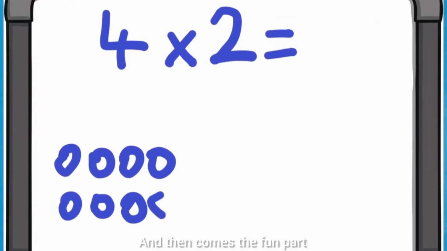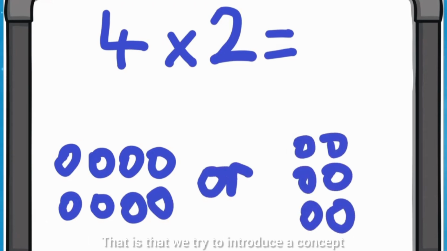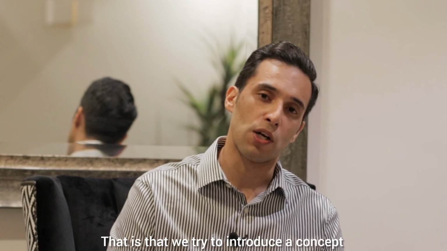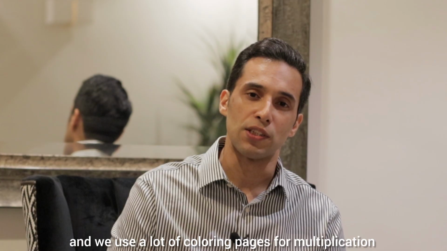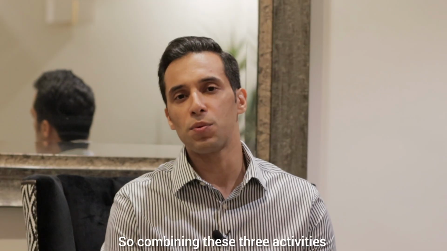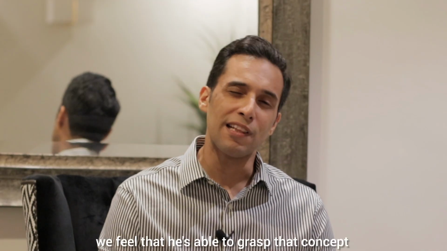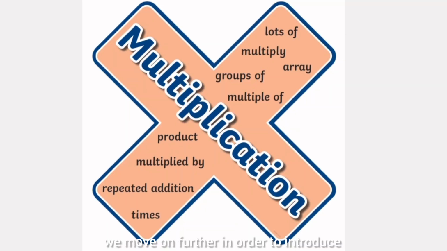And then comes the fun part, because I've already talked about active rest. That is, we try to introduce a concept through coloring pages, and we use a lot of coloring pages for multiplication tables as well. So combining these 3 activities, once we feel that a student is able to grasp the concept, we move on further to introduce certain vocabulary terms.